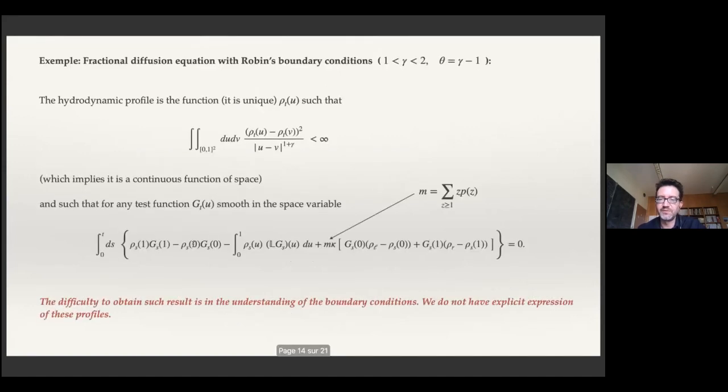So let me now give you some insight about what are the hydrodynamic equations that I can obtain. I give just the example where you have the transition line, where you have some Robin boundary conditions. And in fact, for this hydrodynamic profile, even if the equations are linear, they are not explicit.